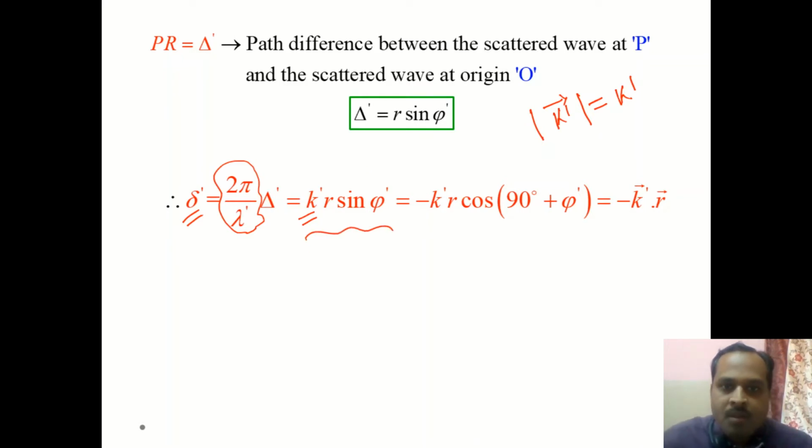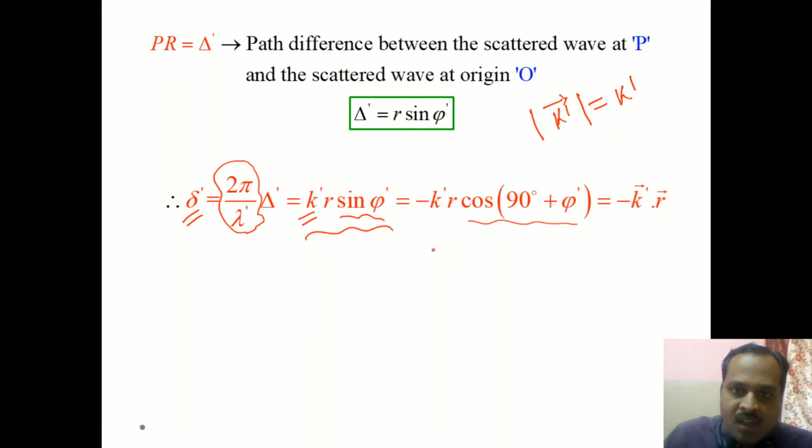So this will be k prime r sin phi prime, and this sin phi prime can be written as cos of 90 degree plus phi prime with a negative sign. Cos of 90 degree plus phi prime is equal to minus sin phi prime, which we know from the basic trigonometry equations.